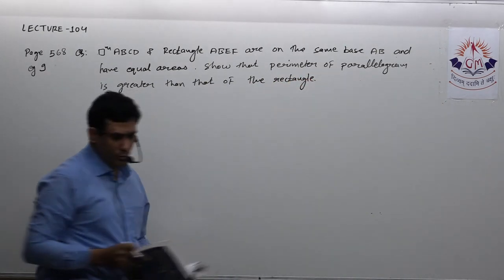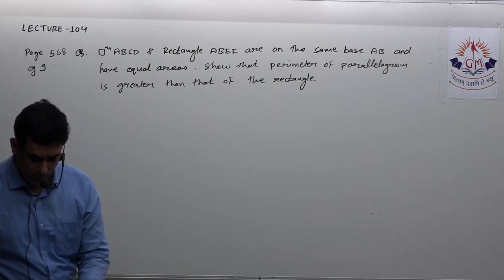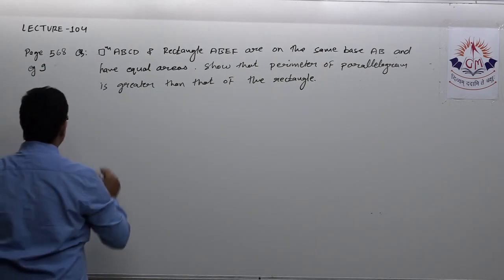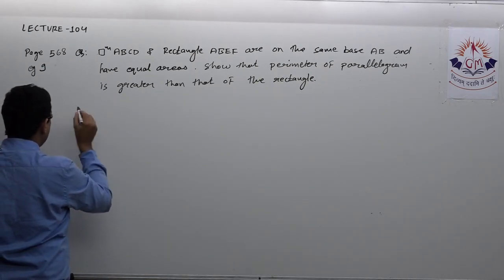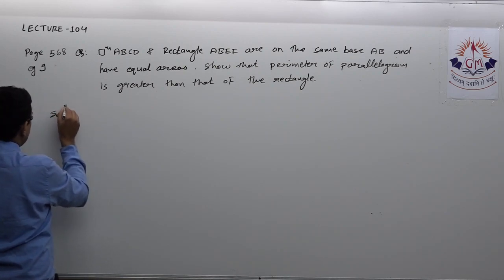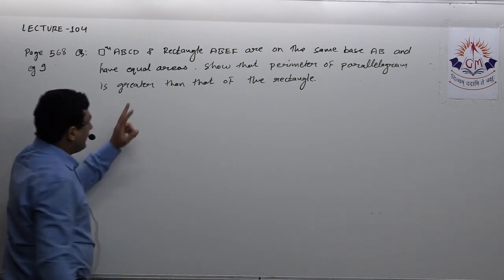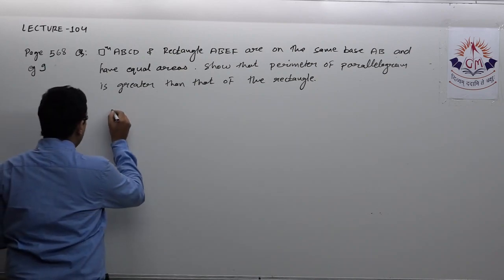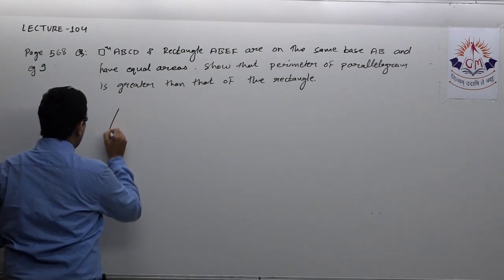Okay, so there are two parallelograms. They are on the same base. So let us see how to solve this. There is a rectangle and a parallelogram on the same base, so let us draw the diagram first.